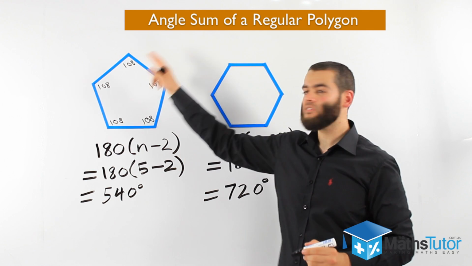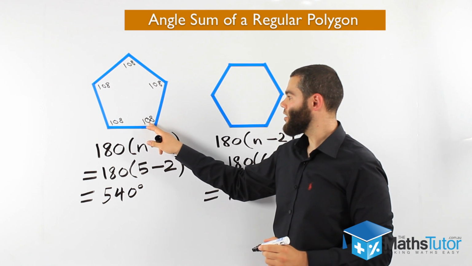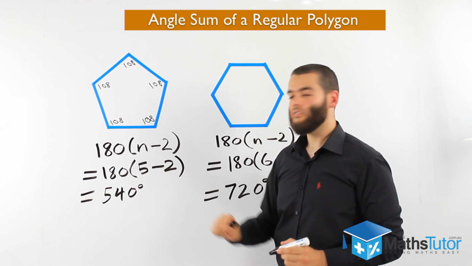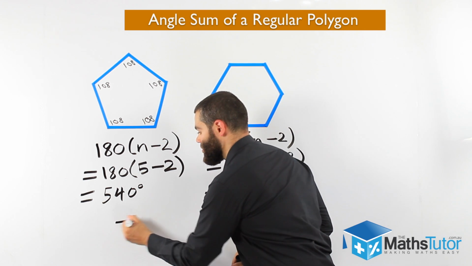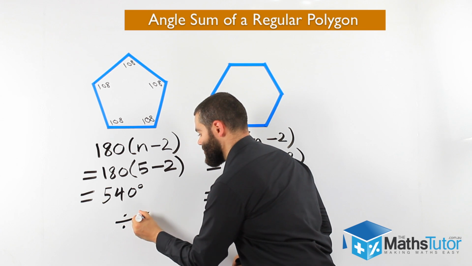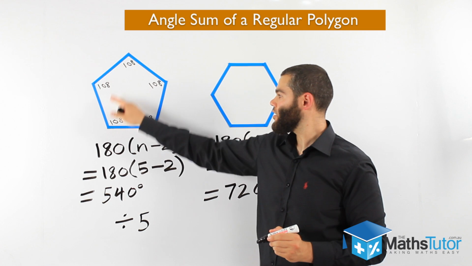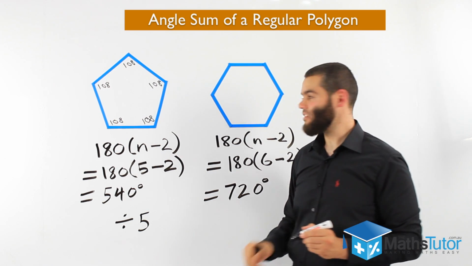We want to know the angle by itself, just one angle, so 540 divided by 5, because there are 5 angles in a pentagon. Each angle is 108 degrees.